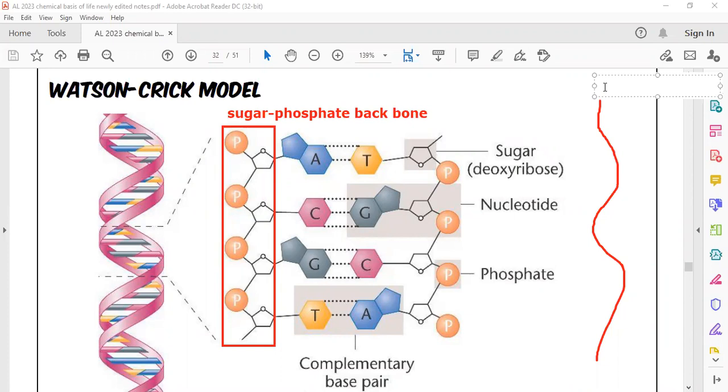My question here is, in this end, which carbon is free without bonding?